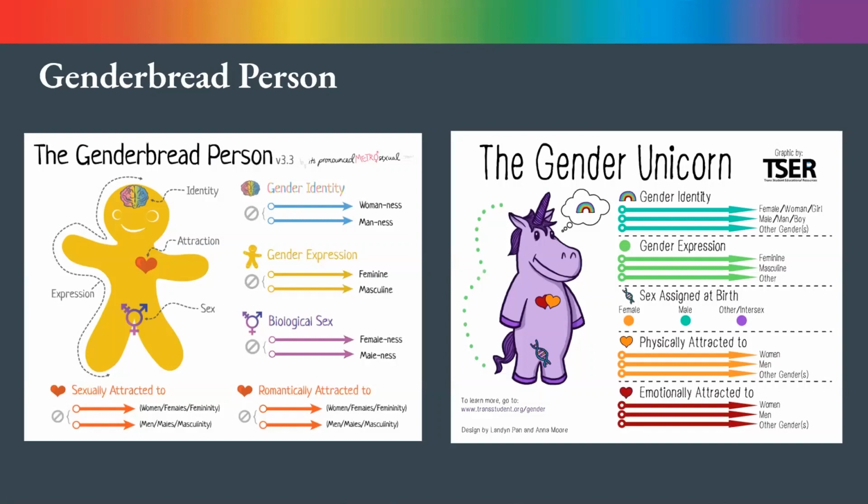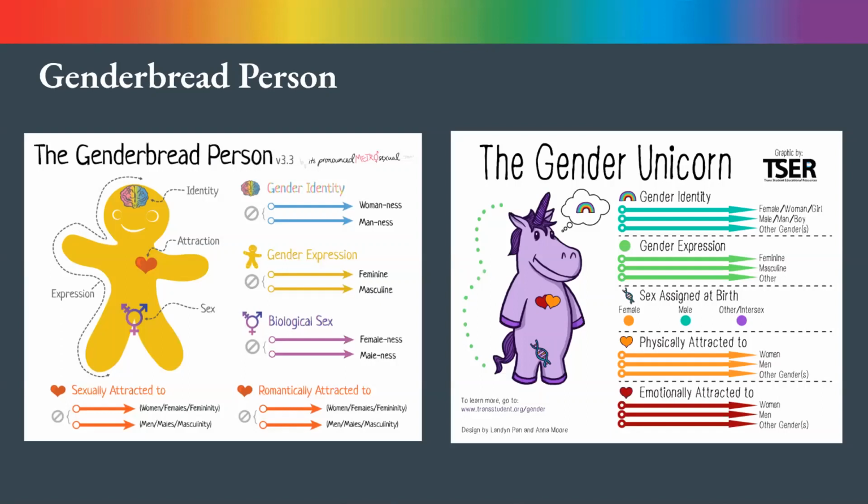Sexual attraction is who you're attracted to, and it goes from neutral to woman or femininity and neutral to masculinity. Romantic attraction, who you'd like to date, goes from neutral to femininity and neutral to masculinity as well. If you look at the gender unicorn diagram, it looks pretty similar.